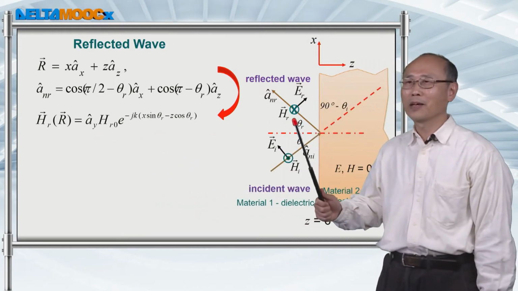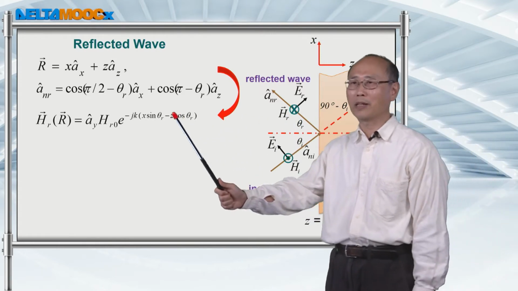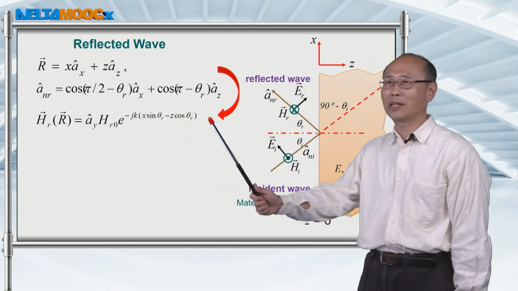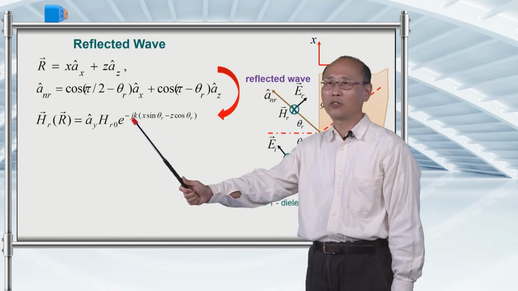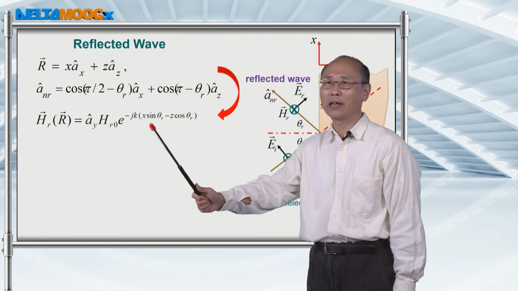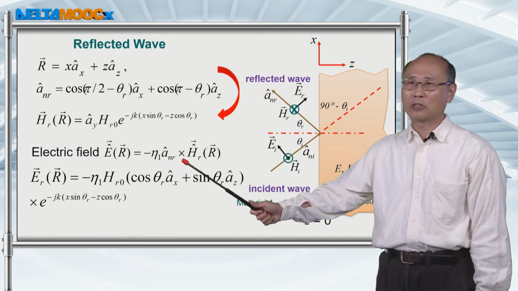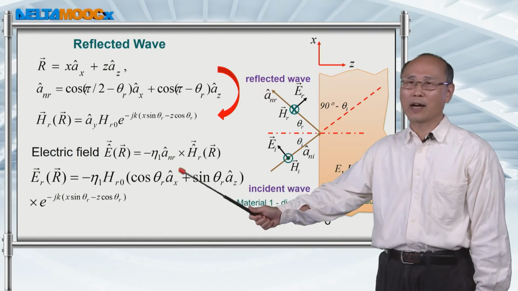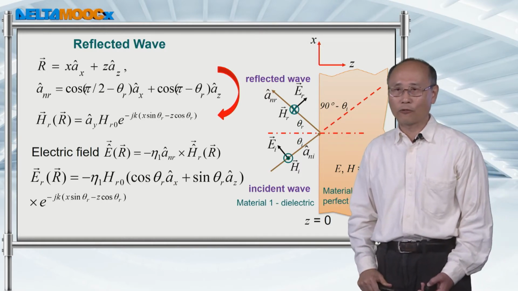But this time, you can see that the component is propagating in the minus z direction and plus x direction. So you have the minus jkx and you have plus jkz in this phase term. And again, just use this formula. You can also write down the expression for the reflected electric field.